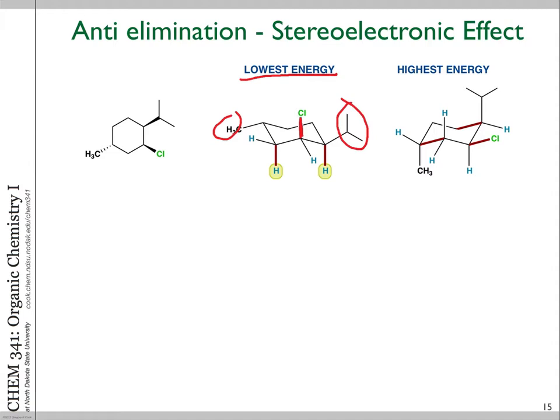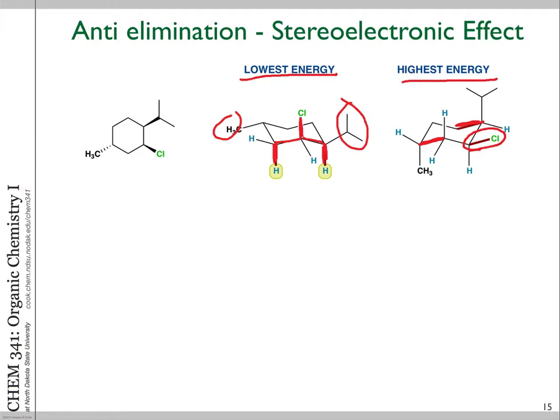And adjacent to that, to the left and to the right, both of those positions have hydrogens which are 180 degrees anti-periplanar. If we flip to the higher energy conformation, that puts the chlorine in an equatorial position. And now the adjacent hydrogens are not 180 degrees apart. The bonds which are 180 degrees apart are shown here in red. They are CC bonds in the ring.